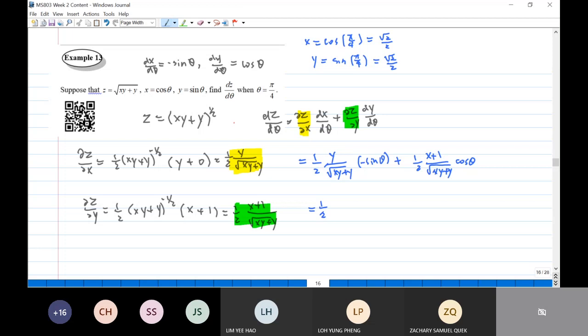Okay, and then you have an expression. What are all these things we can put in? So sine theta is sine of pi over 4 because you put theta equal to pi over 4 now.